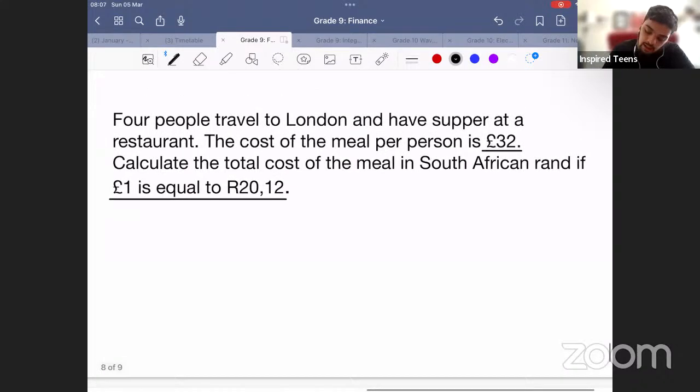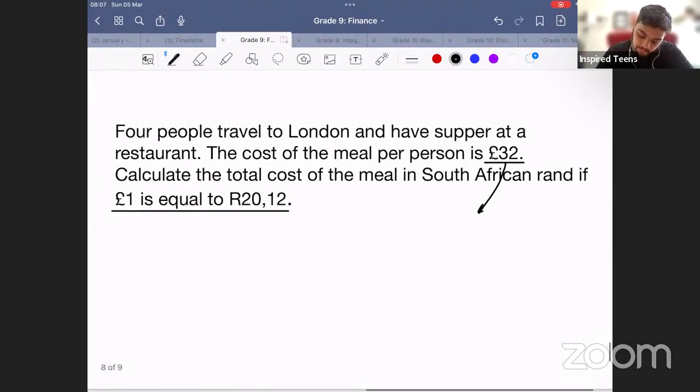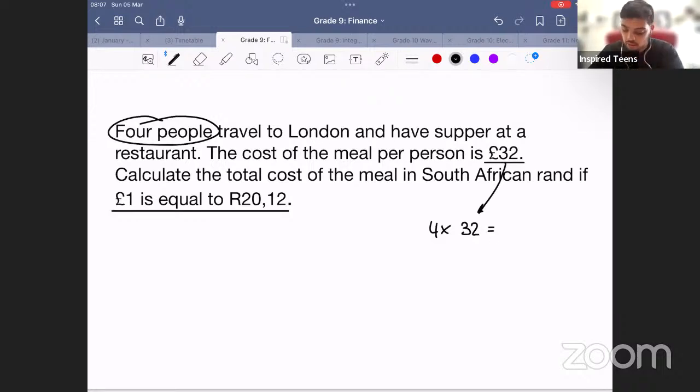So firstly, each person costs 32 pounds. There were 4 people in total. So the total cost of supper in pounds was 4 times 32. This is the total cost of the supper in pounds.